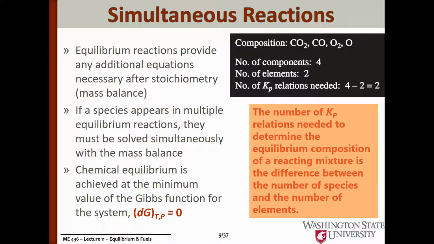So when you have simultaneous reactions, you're going to use a different equilibrium reaction to add an equation to your system of equations until you have the correct number of equations as you do elements.